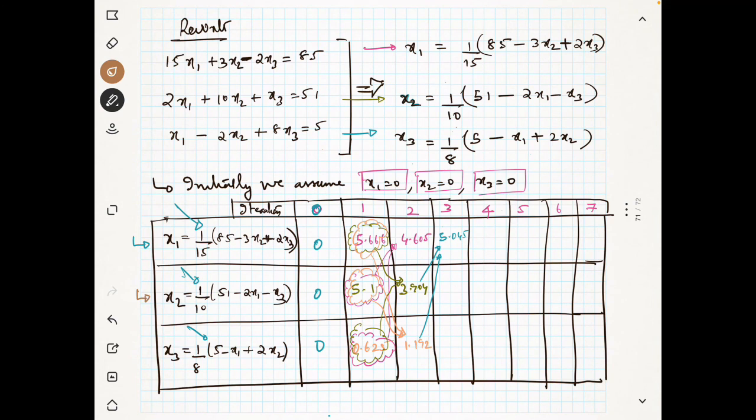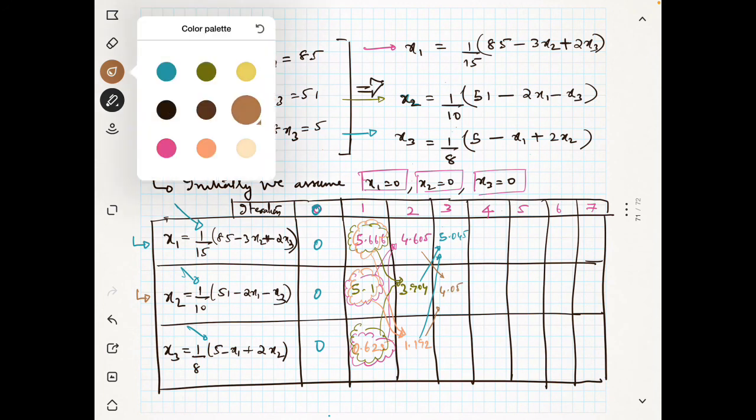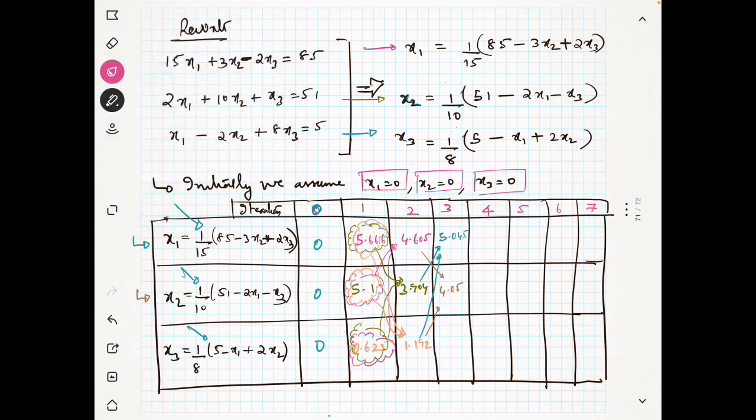For finding x2 you can use this value and this value, and finally you can find this. You will get 4.05. And for finding x3 you can use x1 and you can use x2, and finally you can find it as 1.020.